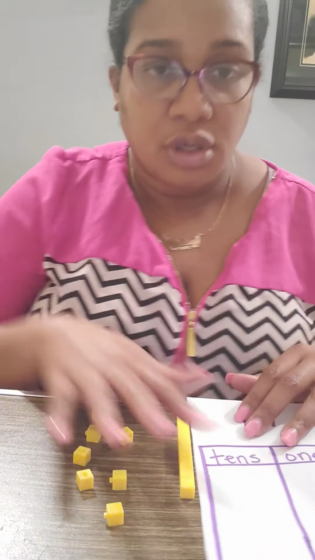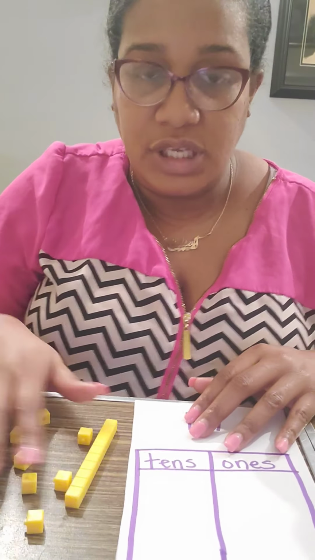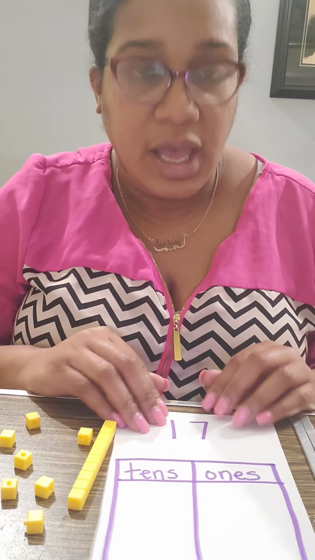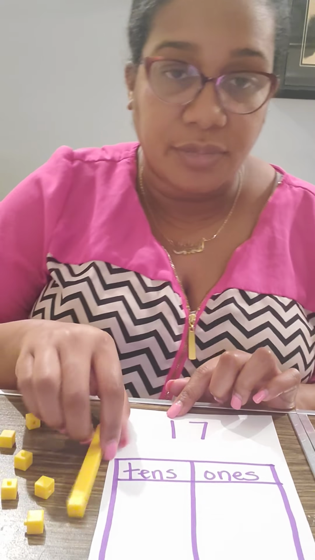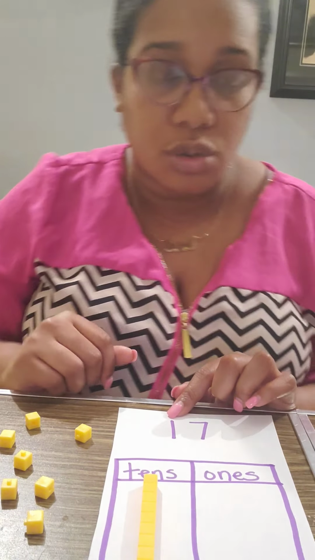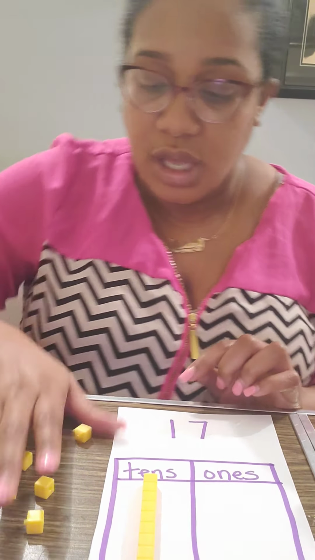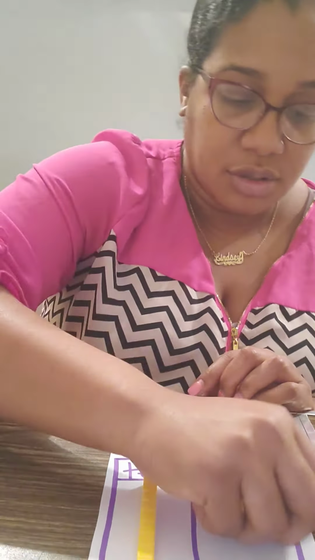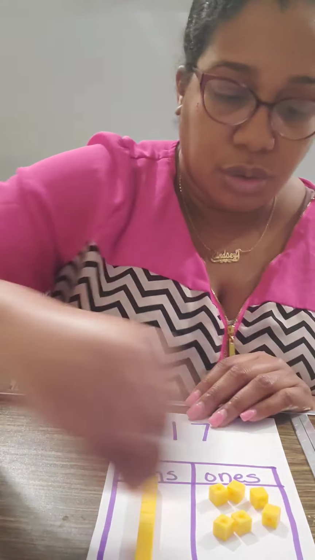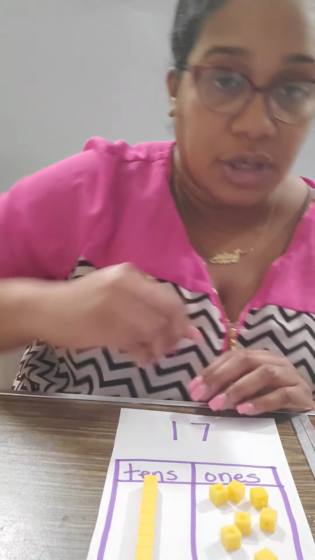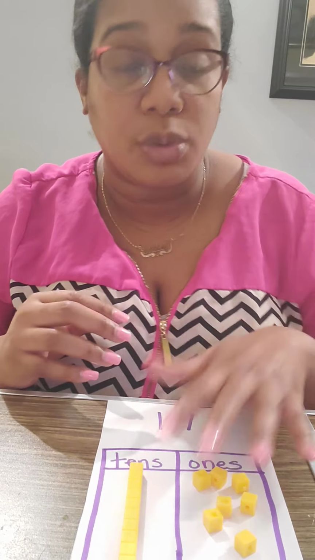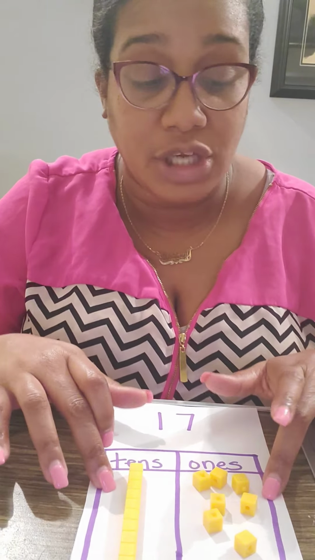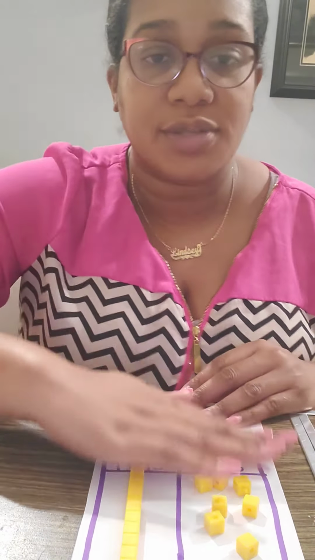But let's take a look at our place value chart. If I look at my number, I know, okay, I have 1 ten. That 1 ten is going to go under my tens. And my 7 ones are going to go here. Now, of course, you're not going to always have these blocks. So what do I put in my chart when I don't have these blocks?